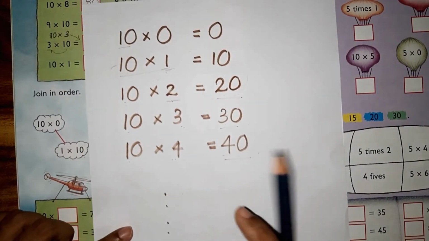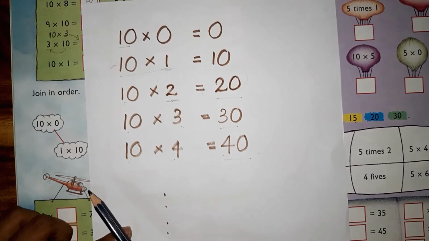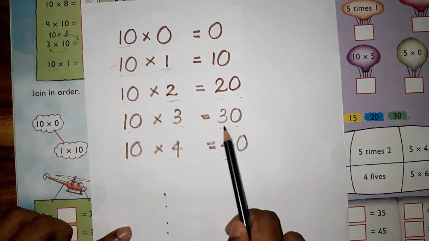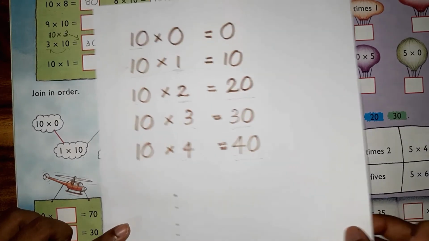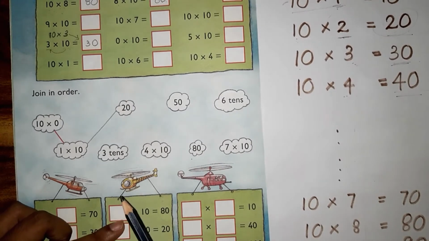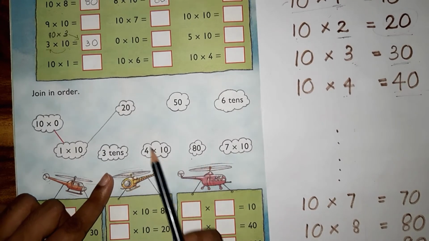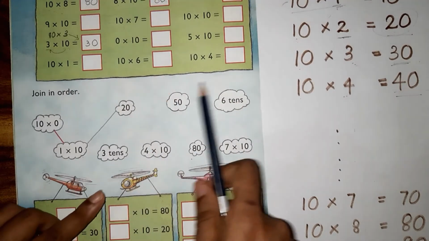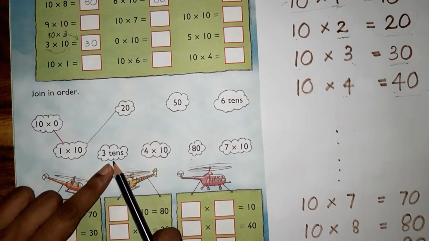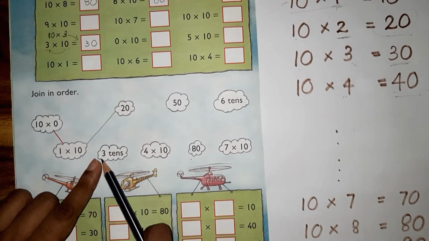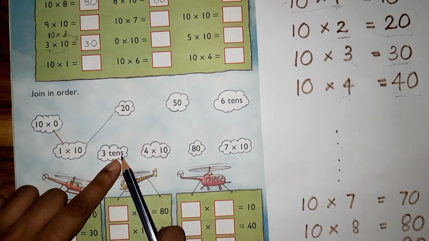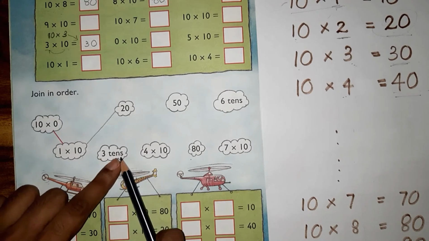After 2, we have 3. 10 times 3, we know it's 30. Where can we find 30? Can you find any 30 or 10 times 3? Yes, here. 3 times 10.